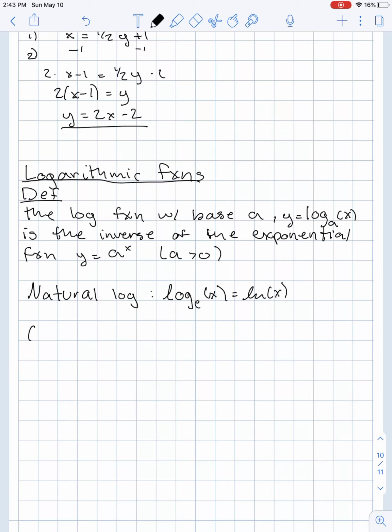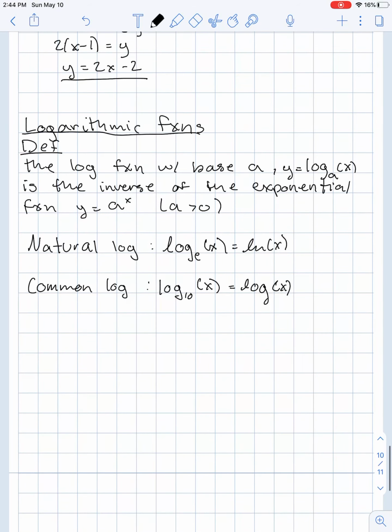We write that as ln of x for the natural log. And then we also have something called the common log. If you ever just see a log without a base on it, it's because it's log base 10. I think if you have a scientific calculator, it says log x and ln of x. Log x is log base 10.